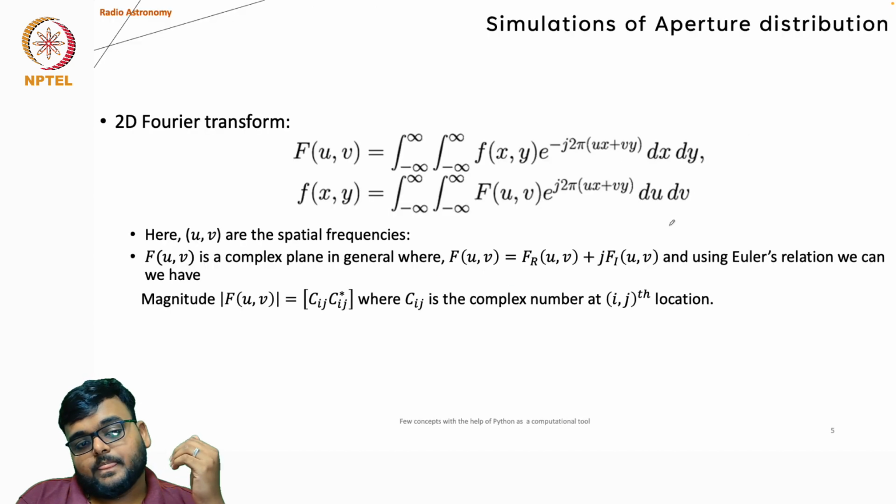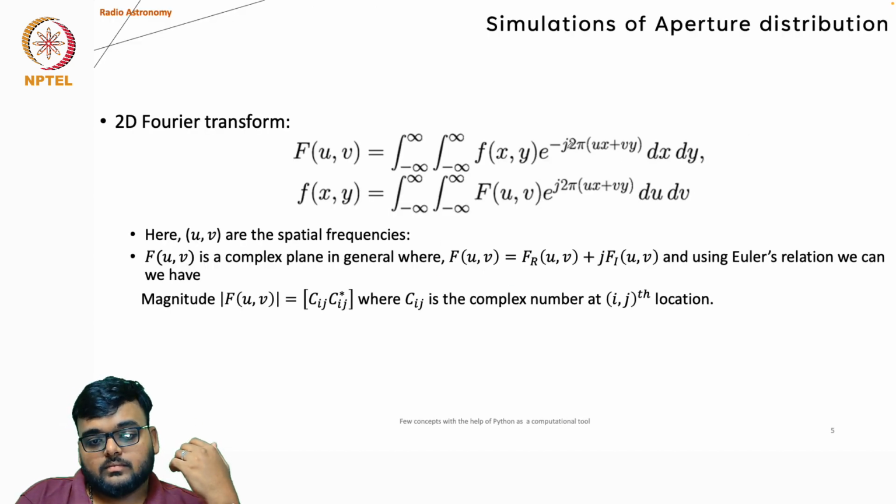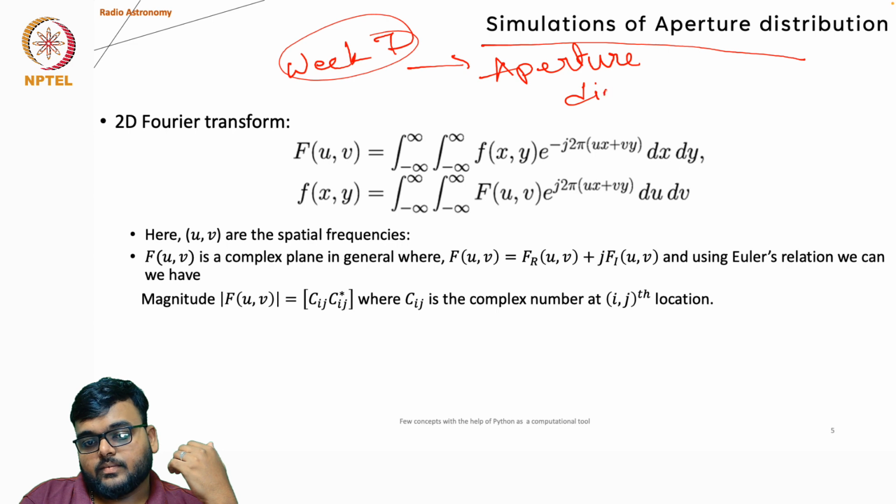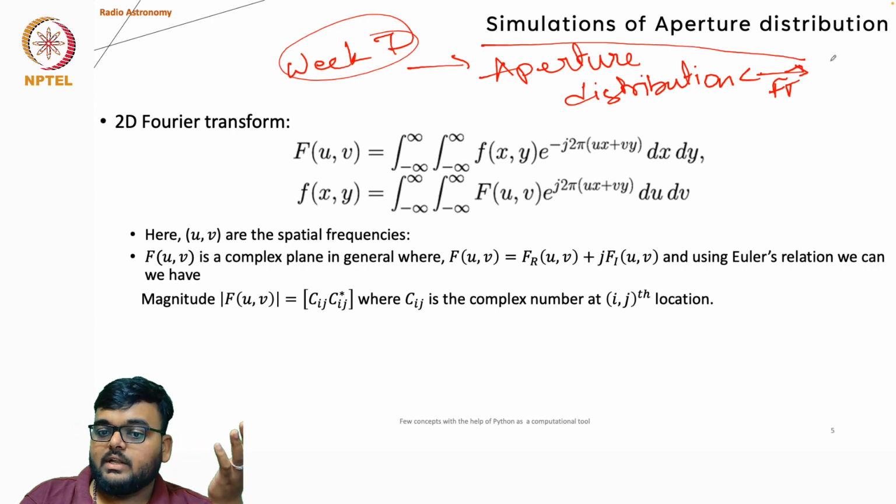And then what we learned in week 7, that the aperture distribution is a Fourier pair with whatever intensity distribution you are getting.